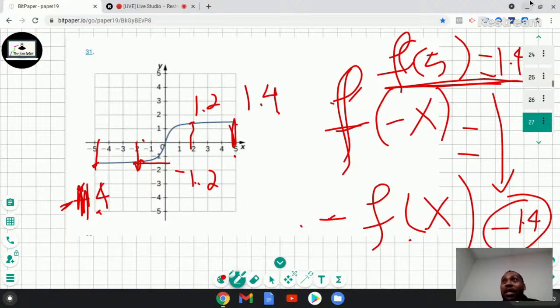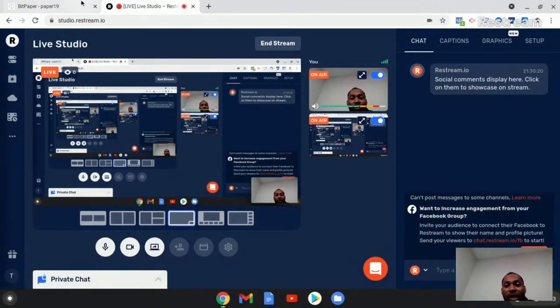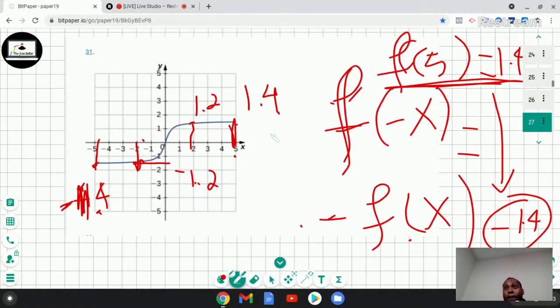Let me recap. The first thing we did today was find the domain and range of this function. Then we went into the intercepts: the x-intercept of this function is this, and the y-intercept, this is how you find it.